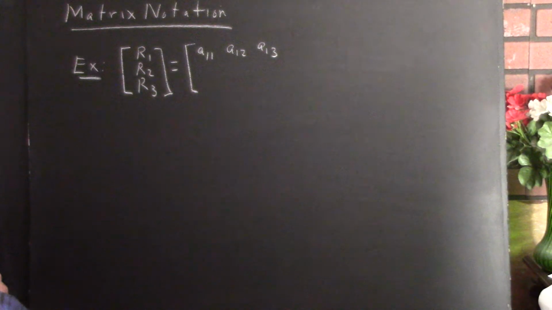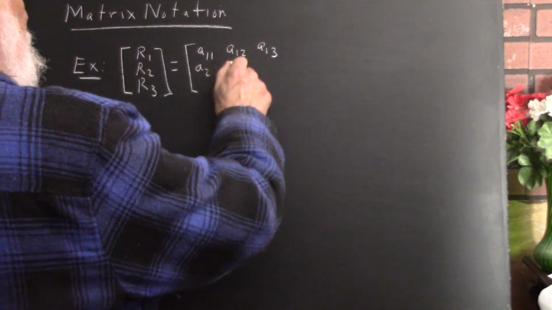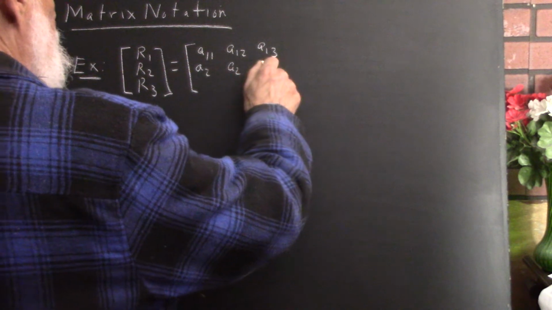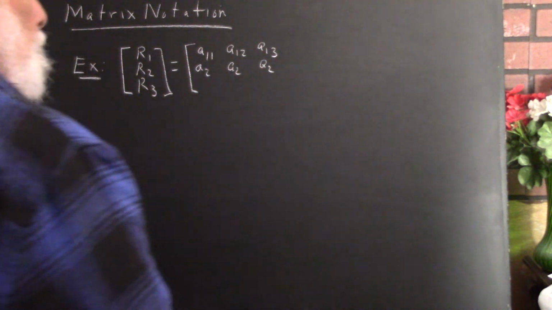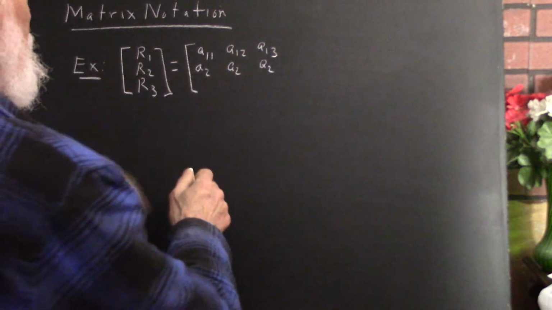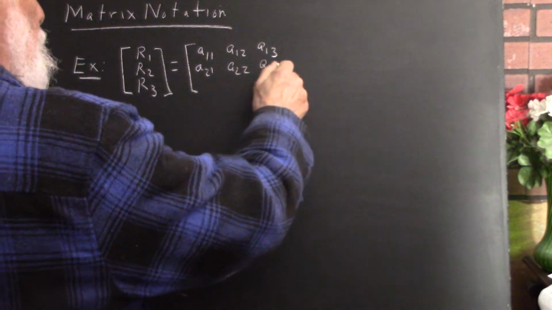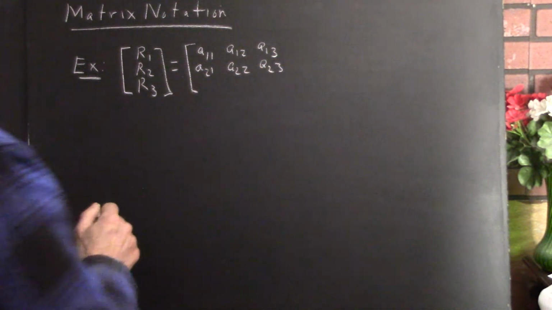Row 2 is going to be A2s. So there's an A2 here, an A2 here, an A2 here. I'm going to put the number of the column as the second subscript. It's the first column, second column, third column.